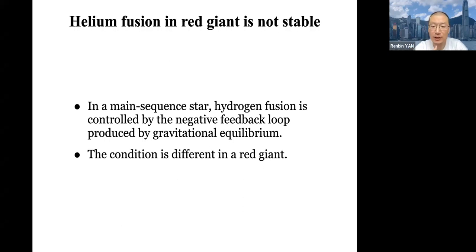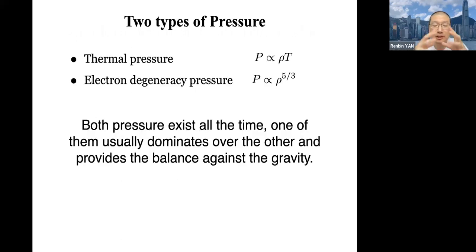But this condition is very different in a red giant star. Why is that? Because in the core of a red giant star, there are actually two types of pressure supporting the center, because the center has been compressed a lot compared to what it was. So remember, at the end of the main sequence, the core started contracting, right?